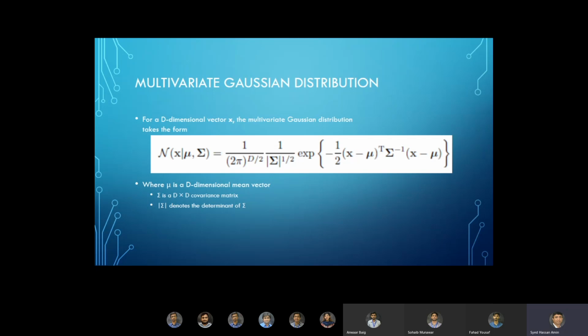So this is the formula for the multivariate Gaussian distribution, which we use if, given our data set, our sample space that we have selected, we can assume, or we have measured, that it has a Gaussian distribution, that each of those features follows the bell-shaped curve. Then we can use this formula to calculate the probability of x.